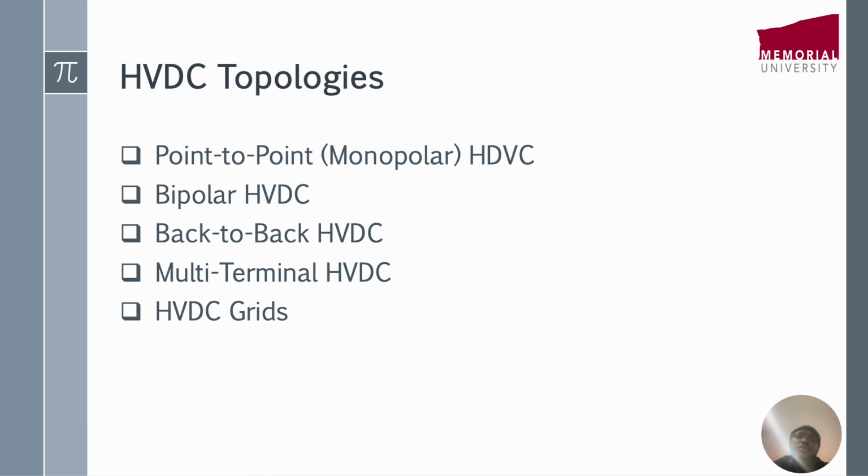The first topology is the point-to-point or the monopolar HVDC topology. This topology is designed in a way that there's a source station and there's a receiving station. Like the example of Germany and Belgium, Germany would have AC components from its renewable resources.